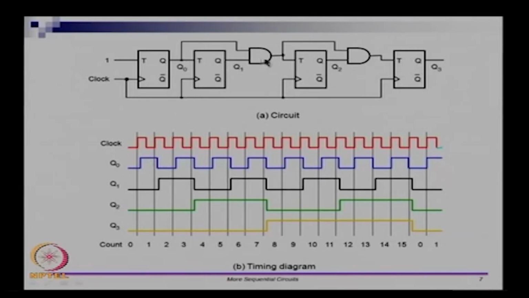Then if you look at when Q1 will toggle, Q0 is going from 0 to 1 and Q1 will toggle if the input was already 1, right. So, if this is 1, and the flip flop Q1 setup time is satisfied, which in this case it should be, because Q1's clock pulse is coming here, it is the same clock that is going everywhere.